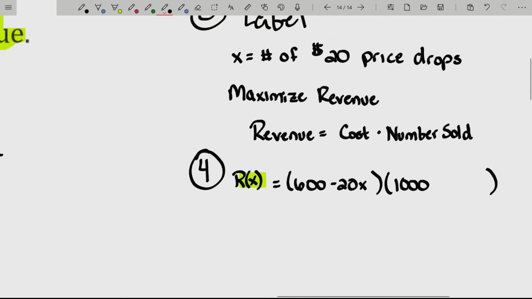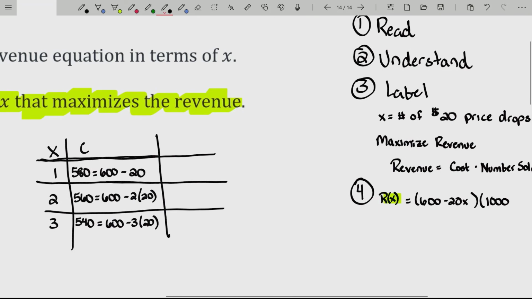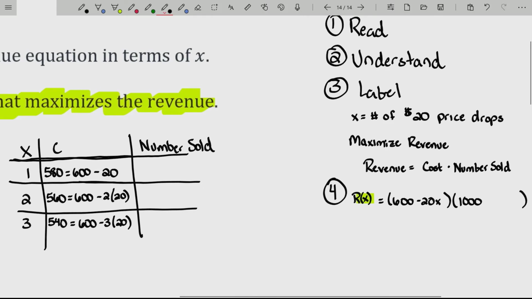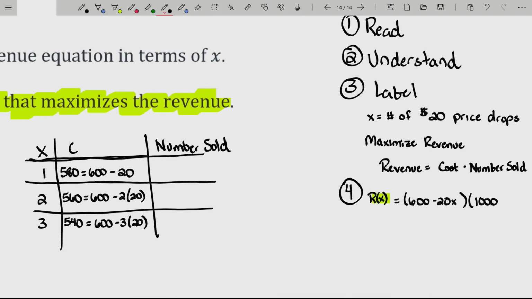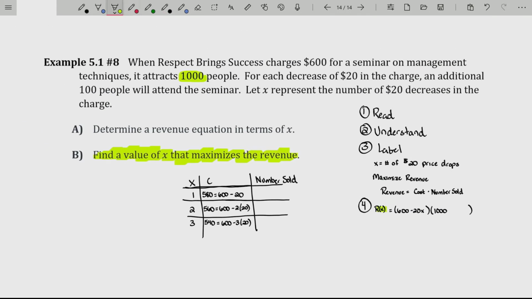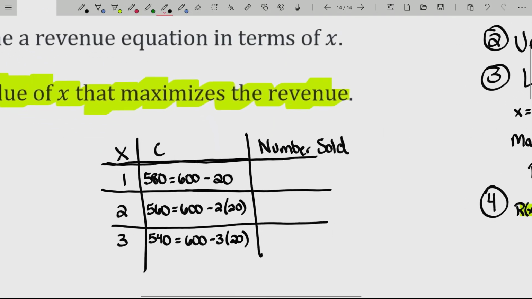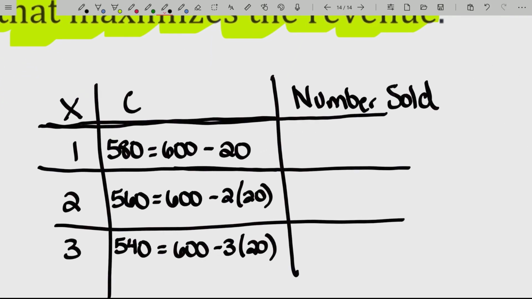Now let's talk about the number of people who are attending, or number sold is what I would say. Number sold. Well, initially we have 1,000 people showing up, right? But we drop the price. And every time we drop the price by $20, we get an additional 100 people. So let's see, if I drop the price by $20, we will have the initial 1,000 we have always had, plus 100 extra people.